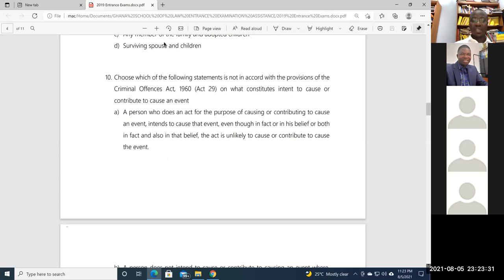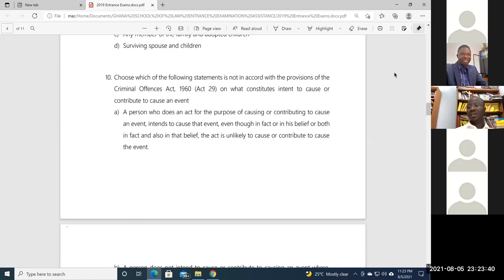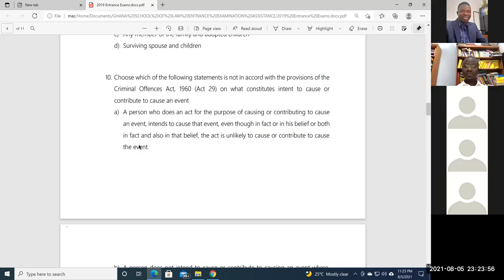Section 11, okay. So can somebody read section 11 for us? Yes, can any of you read section 11 for us? Section 11 of the Criminal Offences Act 1960. General explanations.